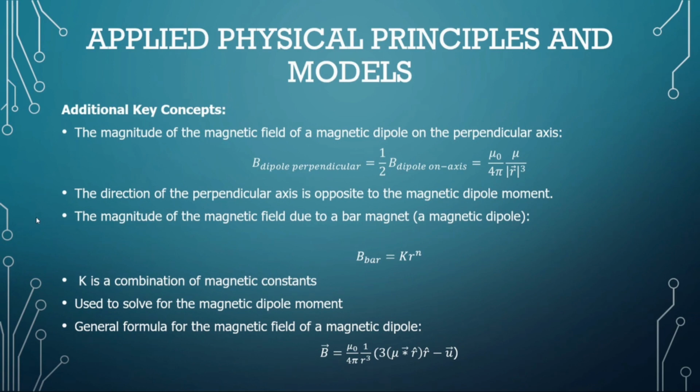The magnitude of the magnetic field due to a bar magnet or a magnetic dipole is equal to k r to the n, where k is a combination of magnetic constants, and this is used to solve for the magnetic dipole moment. The general formula for the magnetic field of a magnetic dipole is shown here.